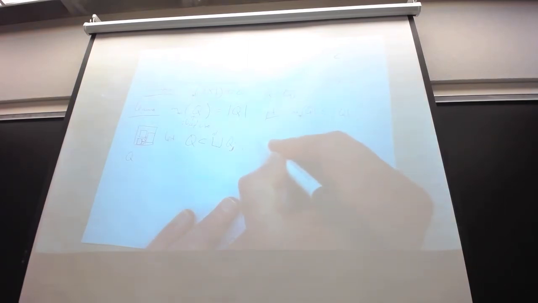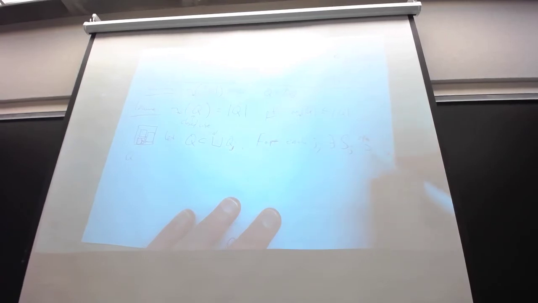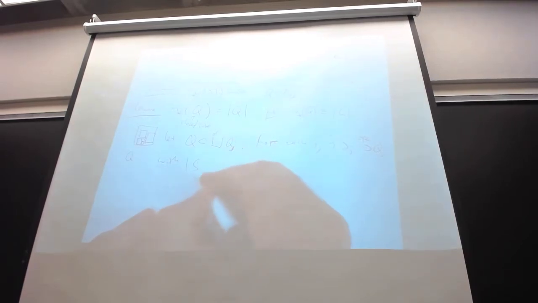Okay. For each j, there exists an open set Sj, open, which contains Qj. It's an open cube just a little bit bigger, with the size of Sj, which is, again, just a cube, so there's no problem measuring this. Well, it's going to be bigger, but I don't want it to be much bigger.